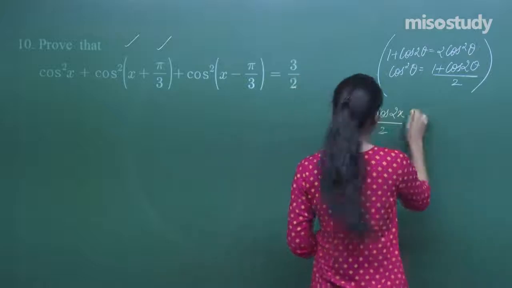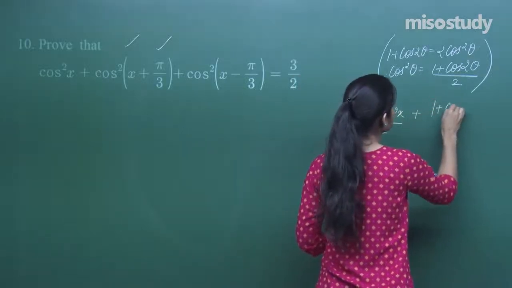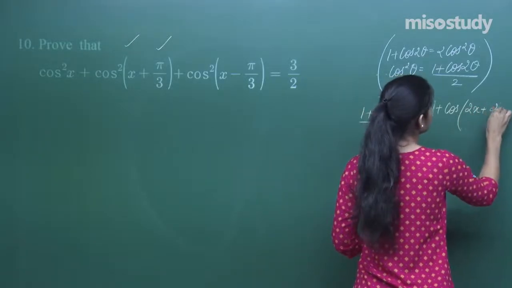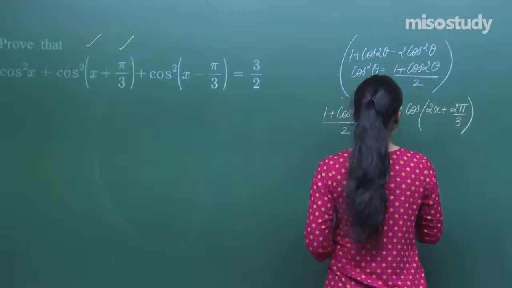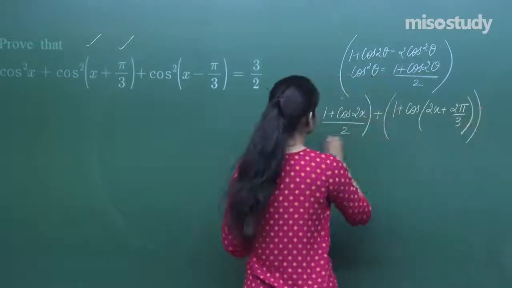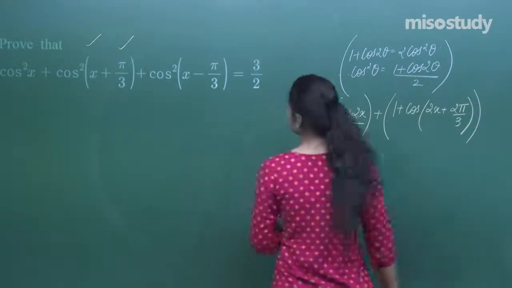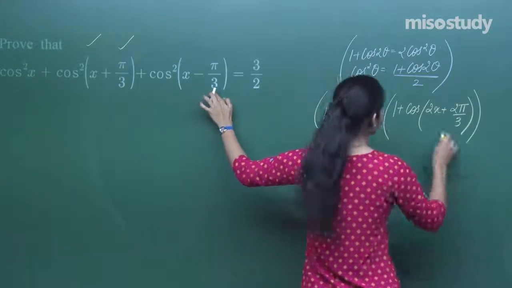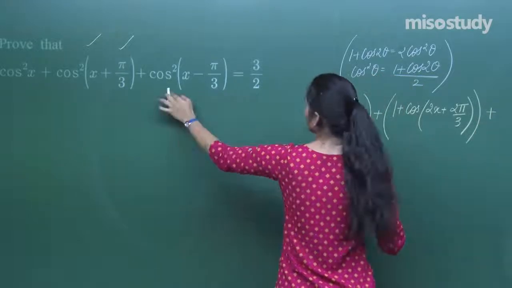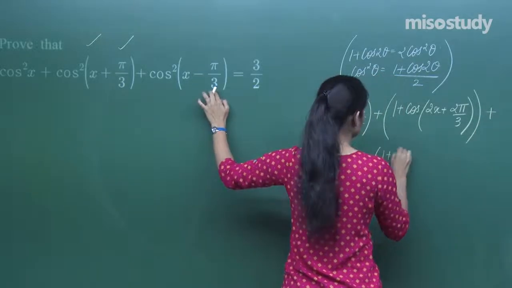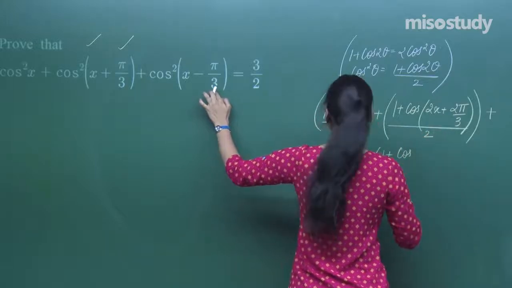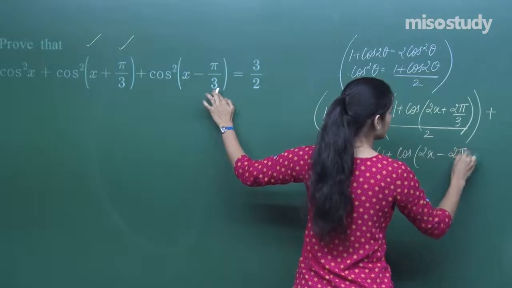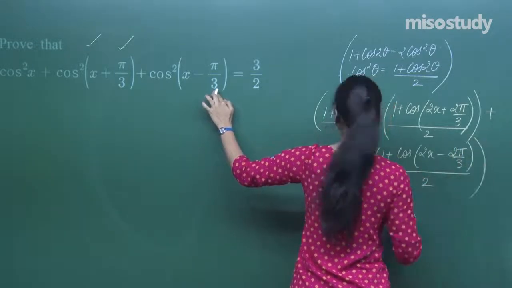Then cos square of x plus pi by 3 can be written as 1 plus cos of 2x plus 2 pi by 3, whole upon 2. And then I have cos square of x minus pi by 3, this will be 1 plus cos of 2x minus 2 pi by 3, whole upon 2.